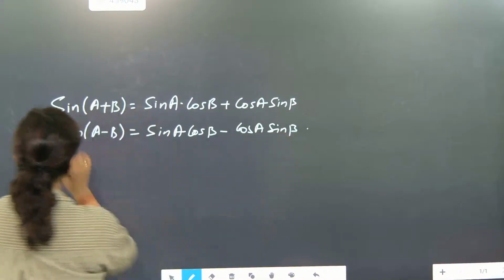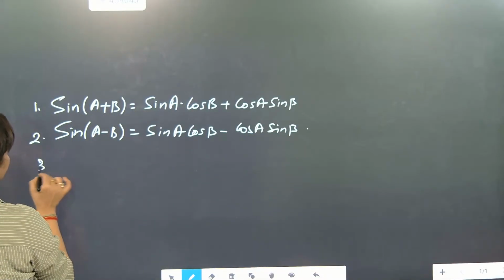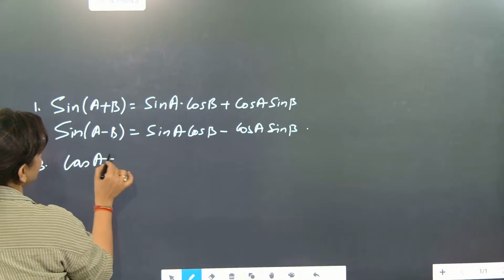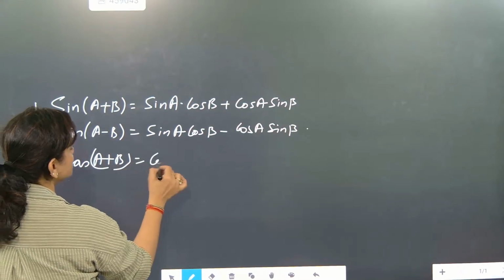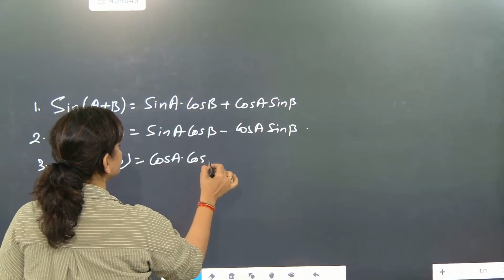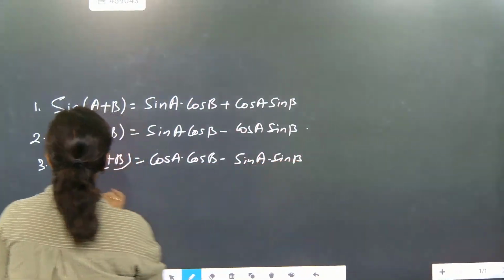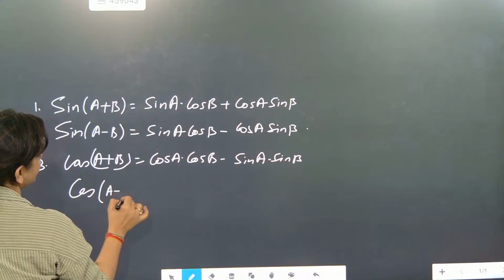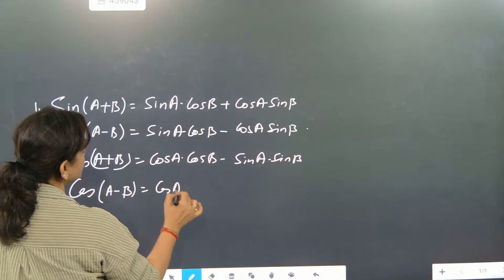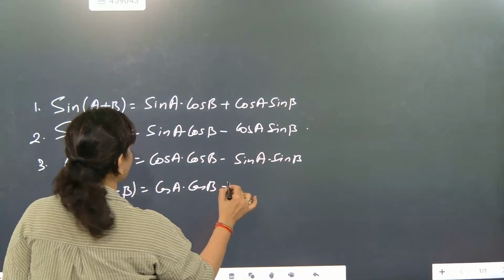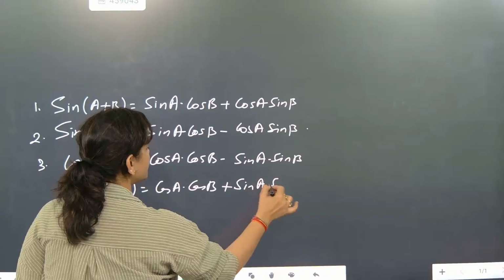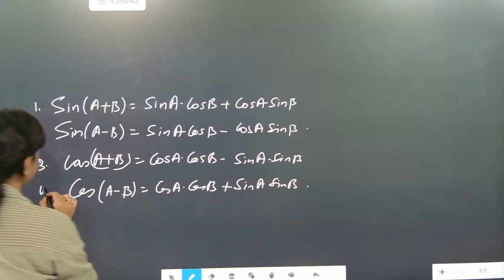These are the formulas already you have studied. Cos of a plus b is equal to cos a cos b minus sine a sine b. And cos of a minus b is equal to cos a cos b plus sine a sine b. These are the four formulas.